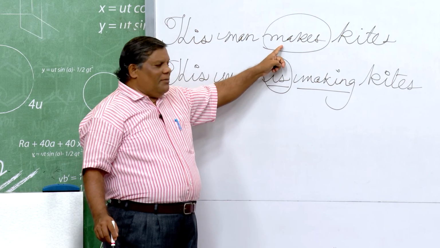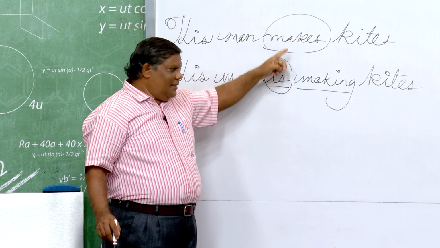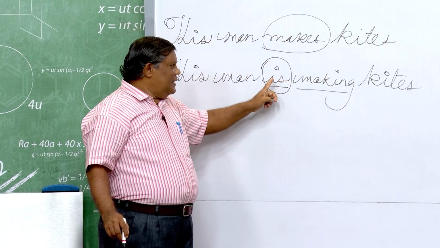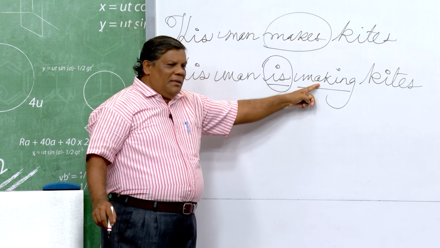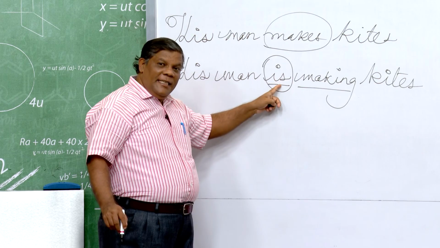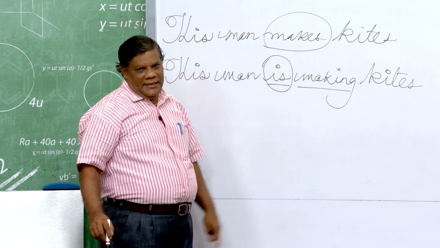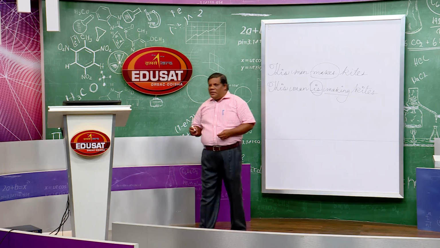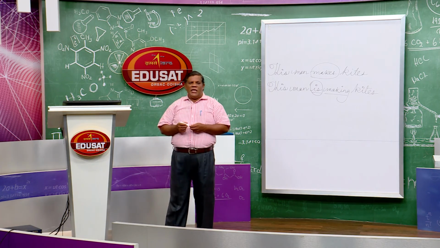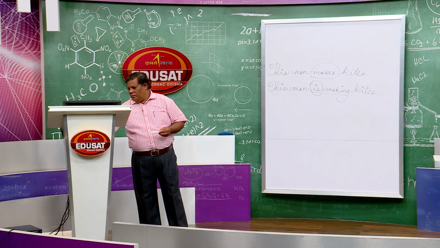So, this verb carries tense, this verb is finite, this is main verb, this is non-finite verb, and here the auxiliary verb is called finite verb, and this verb carries tense. So, verb is very important for transformation of sentences into its passive form.